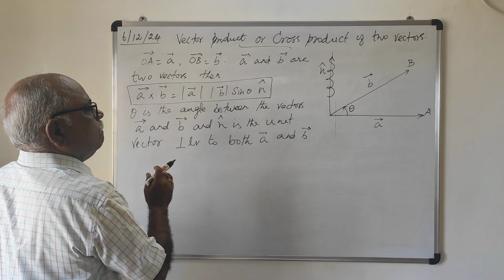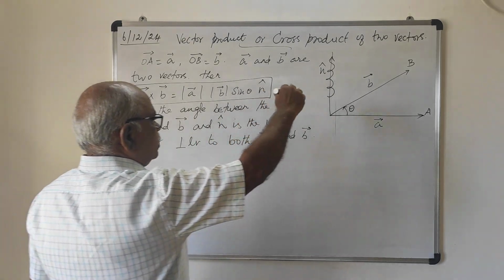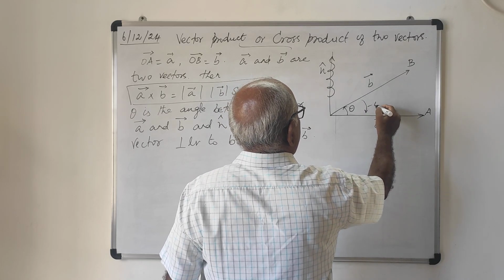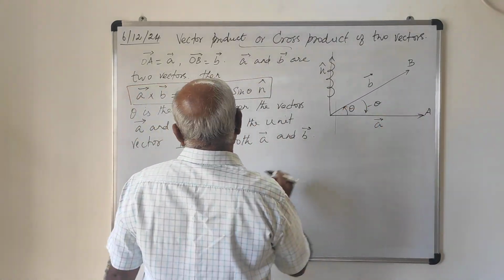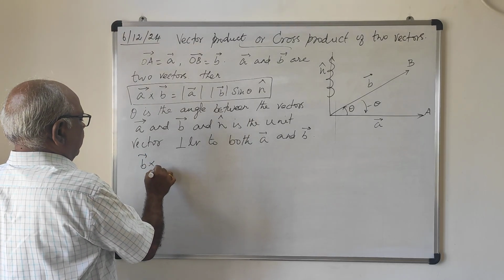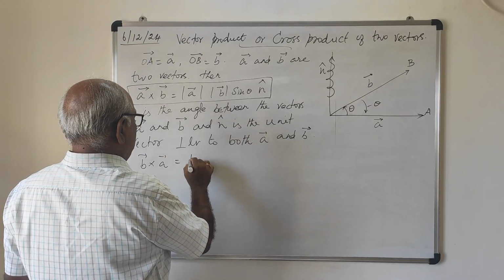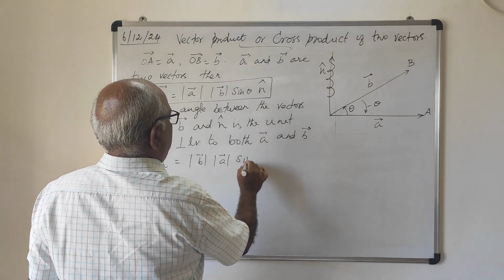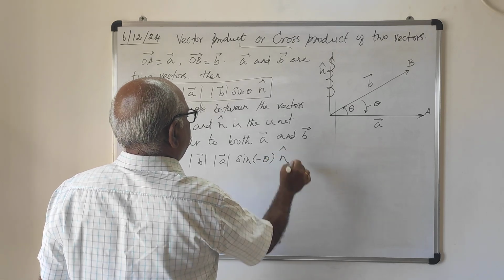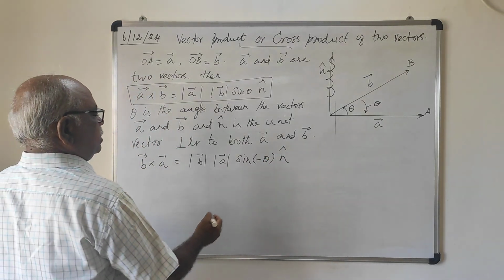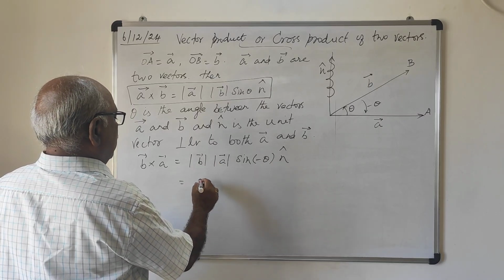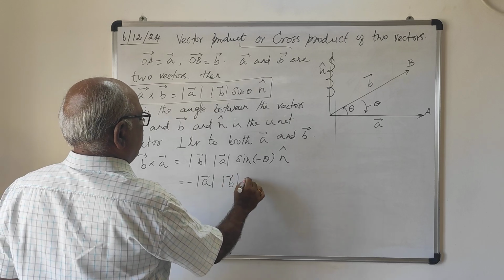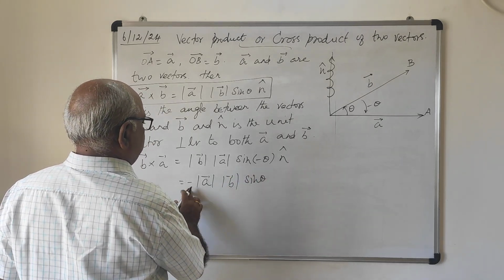Suppose B cross A, if you point B cross A, theta is described in this direction, this is minus theta. So B cross A equal to mod of B into mod of A into sine of minus theta into n cap. It is minus of mod A into mod B into sin theta into n cap, since sine of minus theta is minus sin theta.